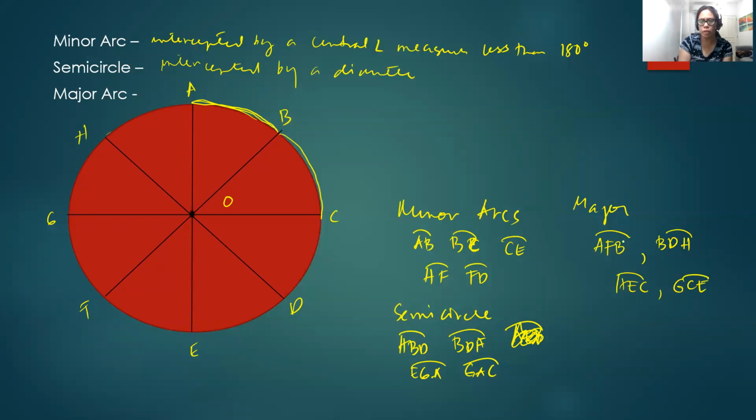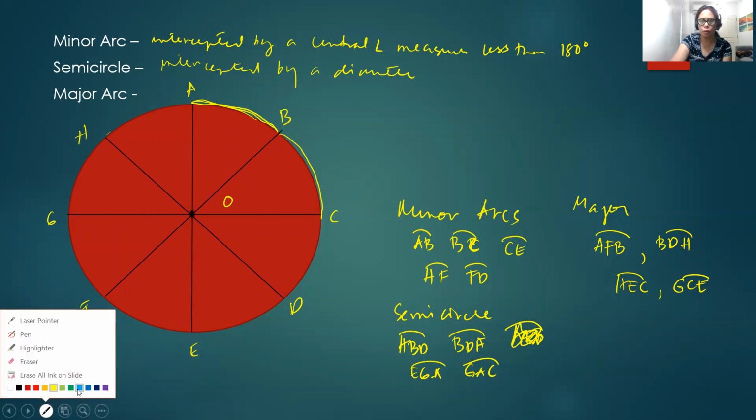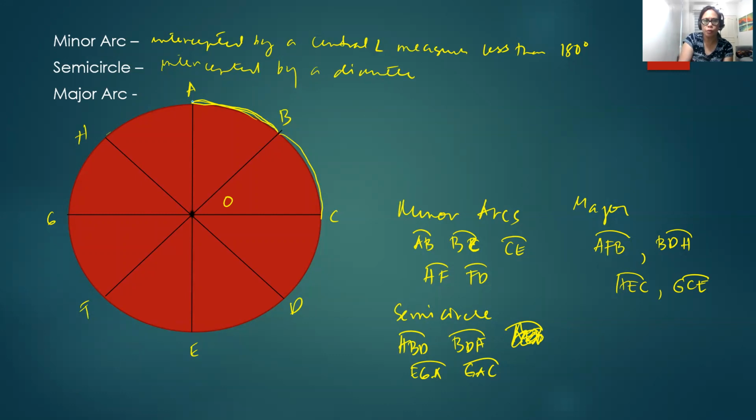Working on arc AFB, from here until here, this is a major arc, and we name it with three letters such that the endpoints A and B are the first and the third letter, while the middle letter F is any point within the endpoints.